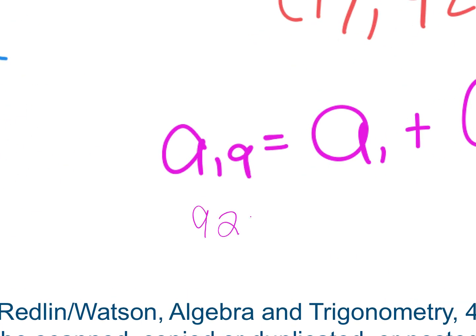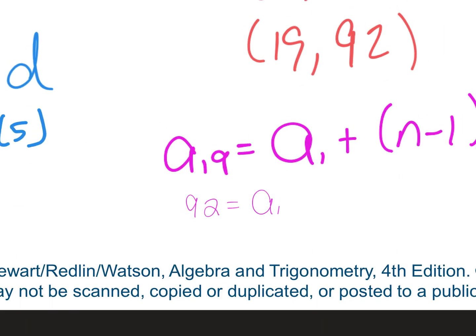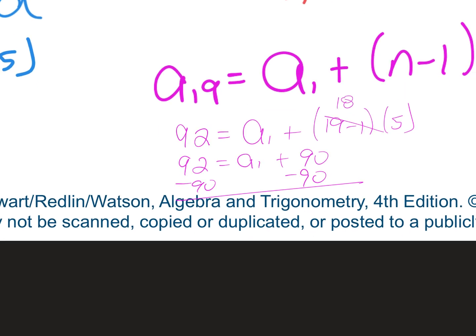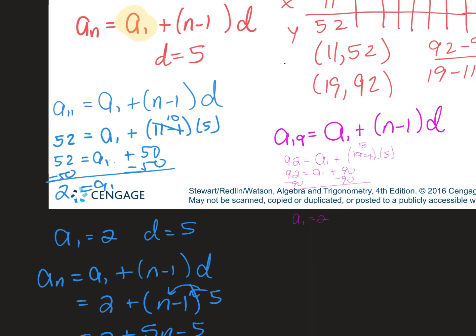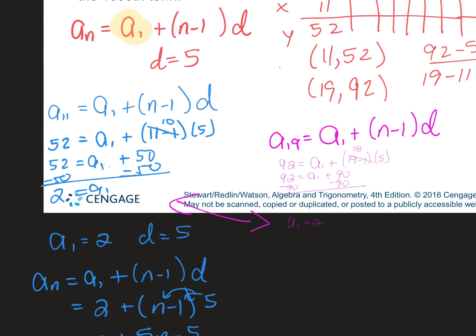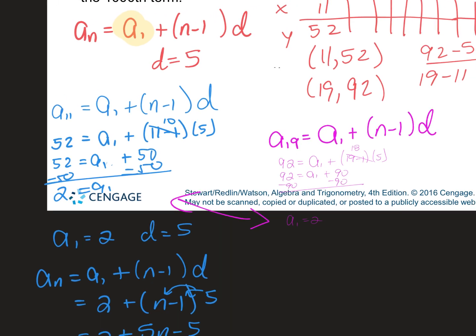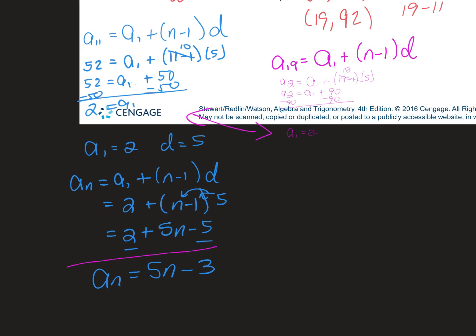So I'm going to say 92 equals a sub 1, which I'm still trying to find, plus 19 minus 1 times your common difference, which is 5. 92 equals a sub 1 plus 18 times 5, which gives me 90. I'm going to subtract 90 from both sides, and again, guys, I get that the first term is 2. So with both pieces of information they gave me, I got the same thing, and the rule that we just wrote for this sequence is here.